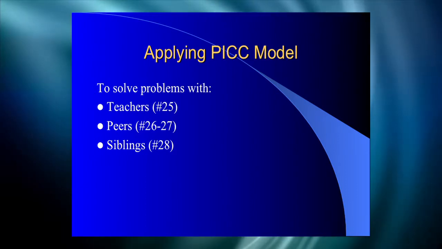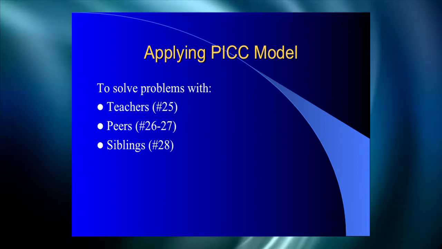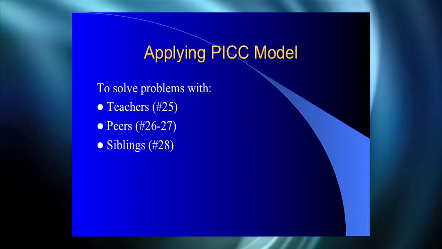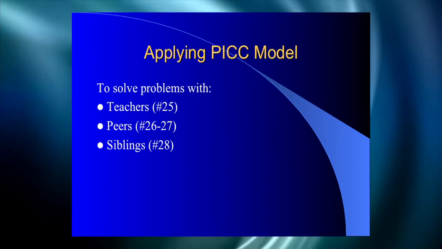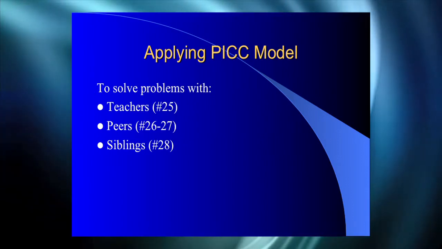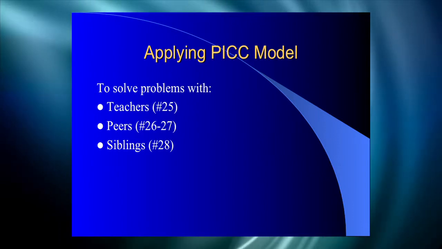There are 2 sessions specifically for problems with peers, although the peer problems come up at other times too. These particular peer sessions are related to how you join peer activities that you would like to be part of, and another is how to handle peer conflicts and how you negotiate. And then there's a session on siblings and sibling problems that can come up.